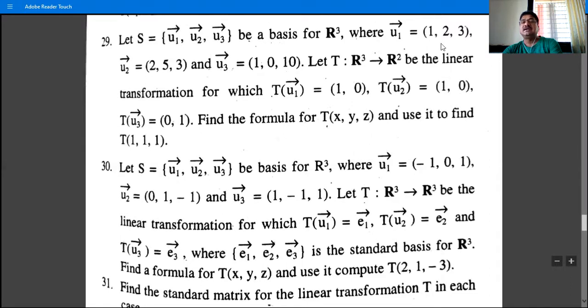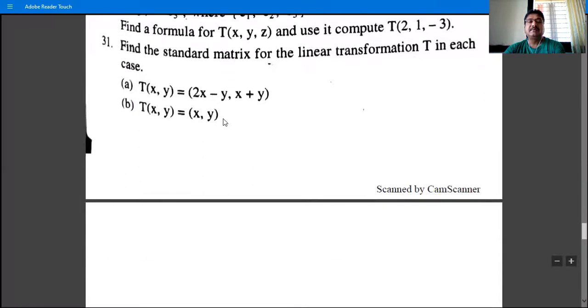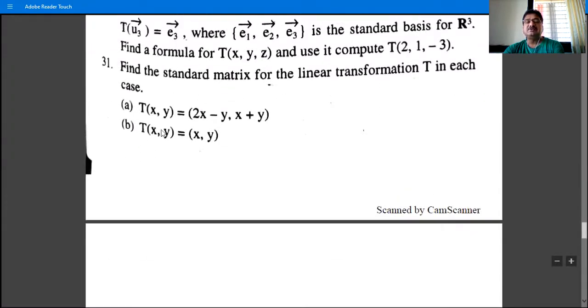Take k1, k2, k3 as scalars such that (x, y, z) = k1(1, 2, 3), that is u1, plus k2 u2 and k3 u3, and find the values of k1, k2, k3. Then apply T on both sides and use the properties of linear transformation. We have T(x, y, z), and then substitute (x, y, z) as (1, 1, 1). We have T(1, 1, 1).